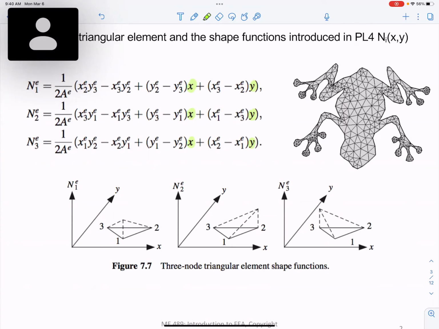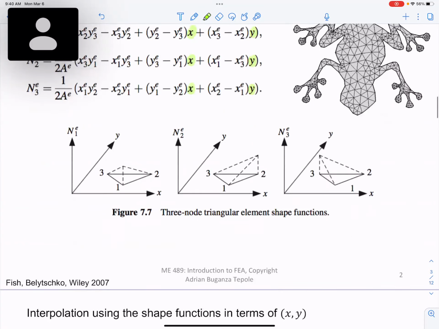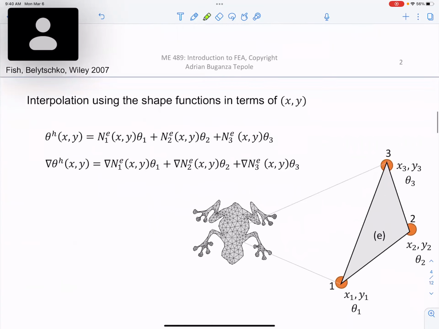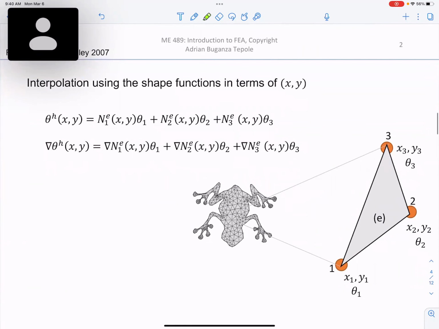Okay, so we have a mesh, we have the shape functions. Why do we care about the shape functions? Because we want to interpolate any function using these shape functions. I showed this on Friday, but the structure is pretty much the same as in the 1D case. If you want to interpolate a function, all you have to do is sum the shape functions evaluated at a particular xy times the nodal values.